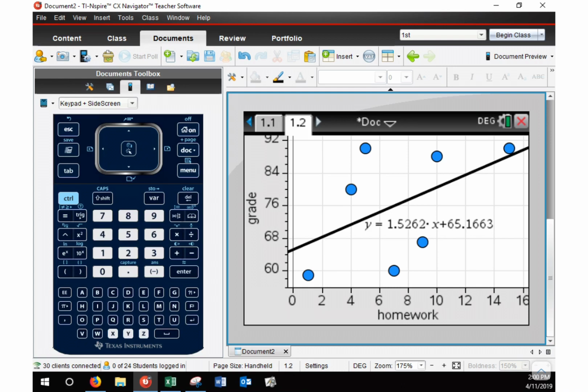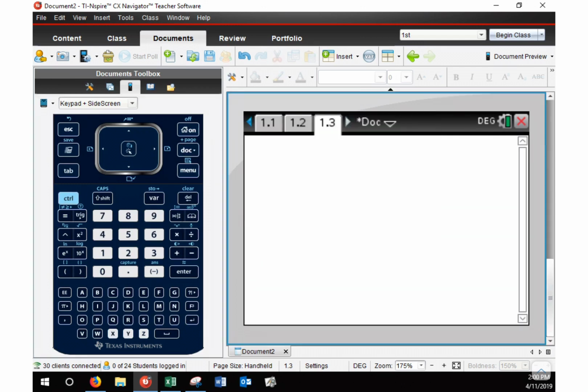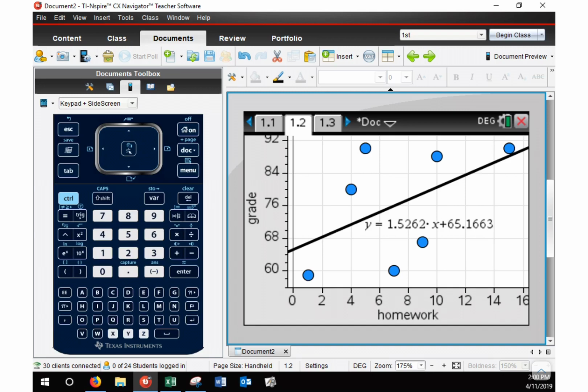It said, what grade would you receive if you turned in 8 assignments? So we want to take our equation here and see what it would be if x were 8. I can add a calculator and have the calculator do all the hard work for me.